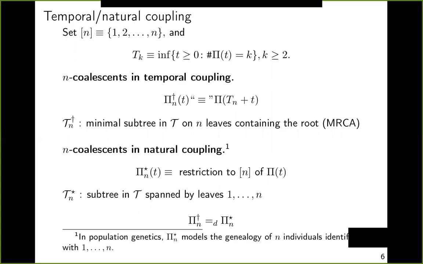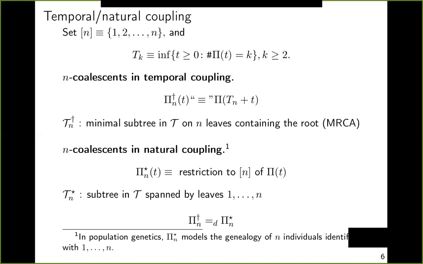And then if we look at the process pi starting from Tn, so pi of Tn plus T, where T ranges over the positive reals, and we denote this process by pi n dagger, then this process is a coalescent starting with n blocks. And it has a tree corresponding to this coalescent, which we denote by Tn dagger.